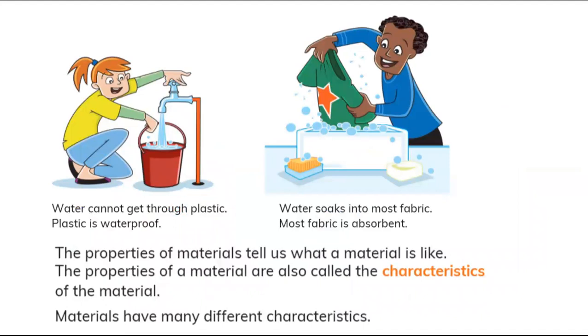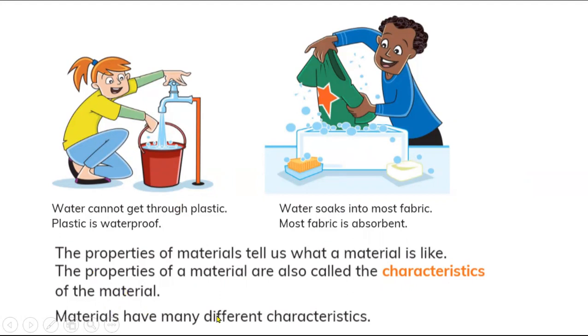So, why do we need properties of different materials? The properties of materials, okay, tell us what a material is like. The properties of a material are also called the characteristics of the material.